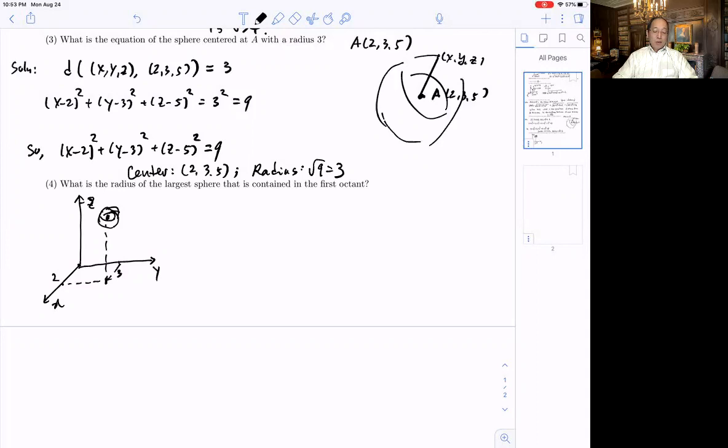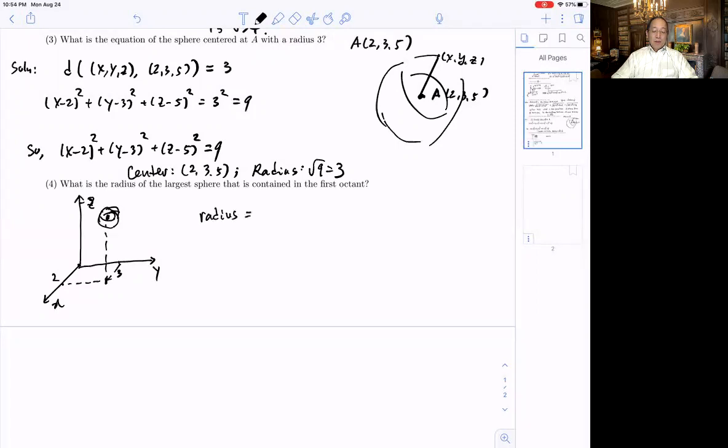So choose the shortest one, then that's going to be the radius. Because if you choose any radius greater than 2, then it's going to actually go over the YZ plane.